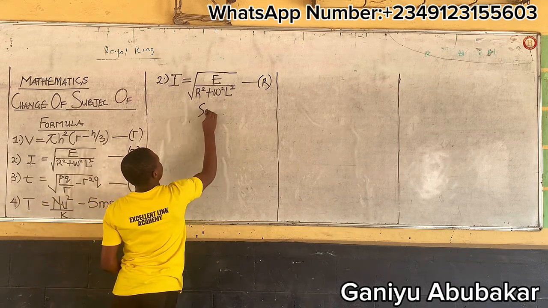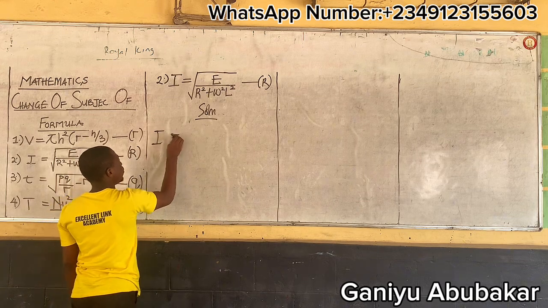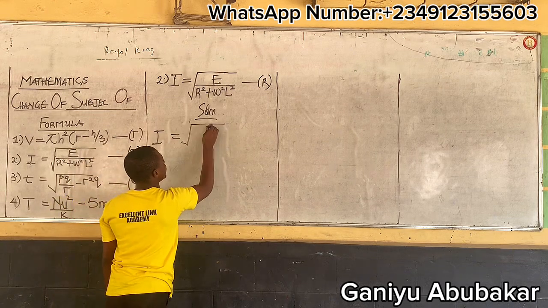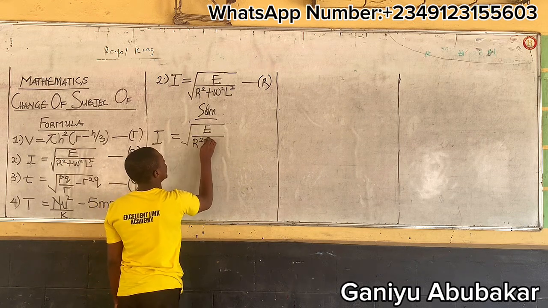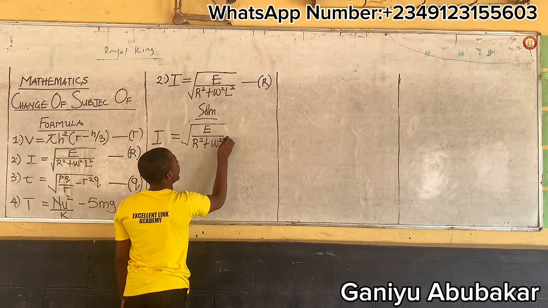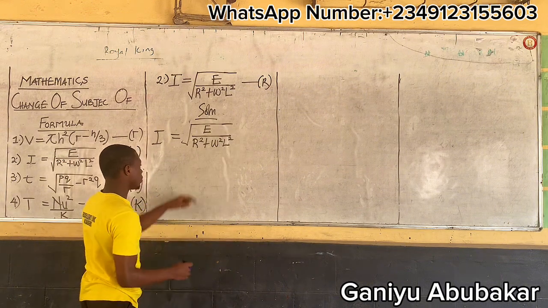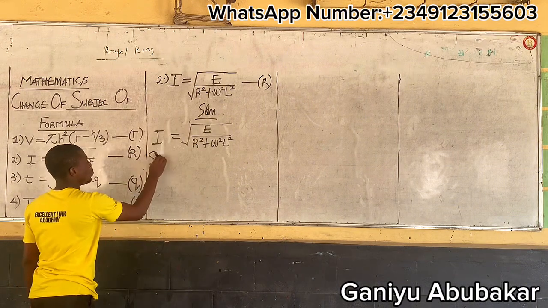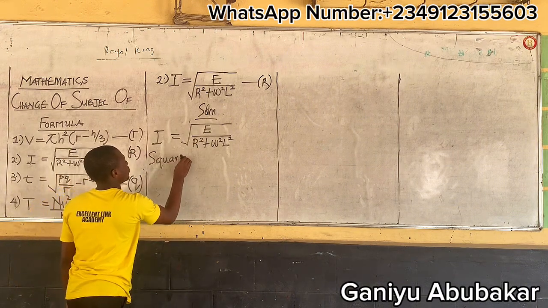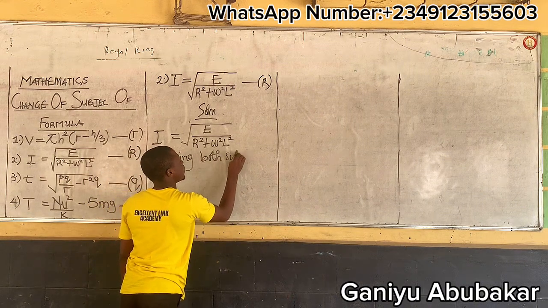Solution. I'm given that I is equal to the square root of E over R squared plus W squared L squared, right? I want to make R the subject. I'll try to eliminate this root by squaring both sides.